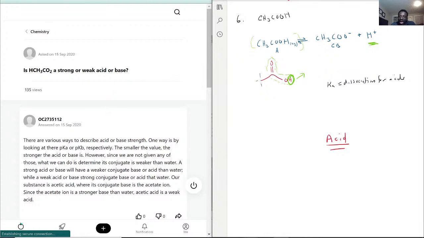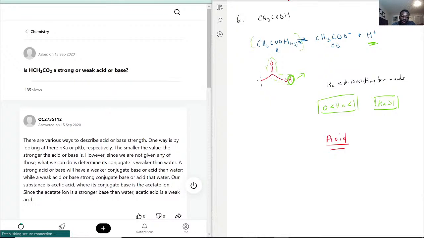And we actually have barriers for how we figure that out. For Kas between 0 and 1, these are what you consider relatively weak acids. And for any Ka greater than 1, this is what you define as a strong acid. So we have now two barriers for what we are looking for in terms of the Ka.